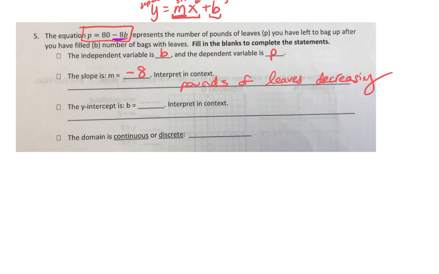Something like that. The y-intercept, the b, all right, that's the thing that's by itself there, the constant. Our constant on this one is the 80. So that means I started with 80 pounds of leaves.